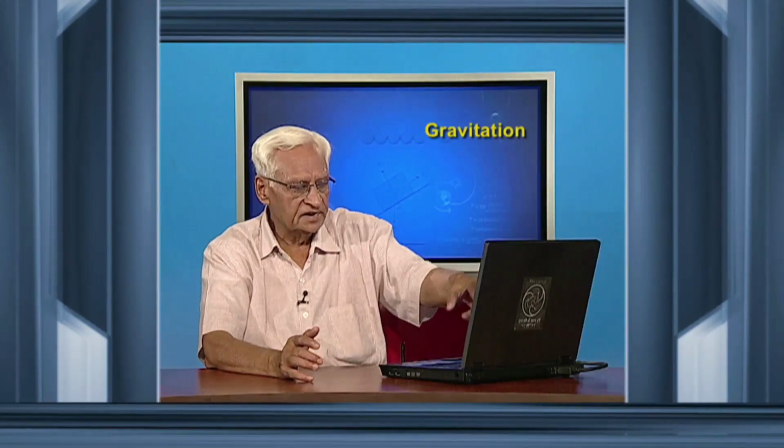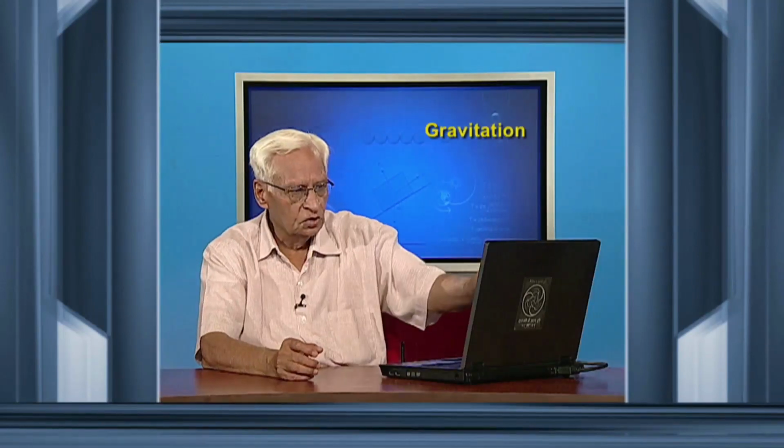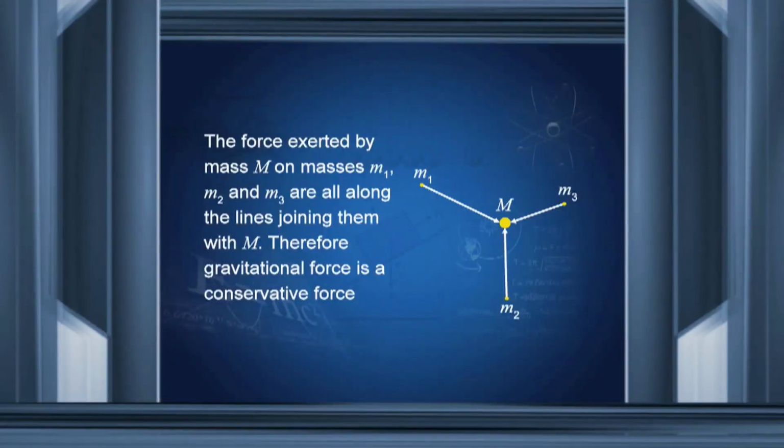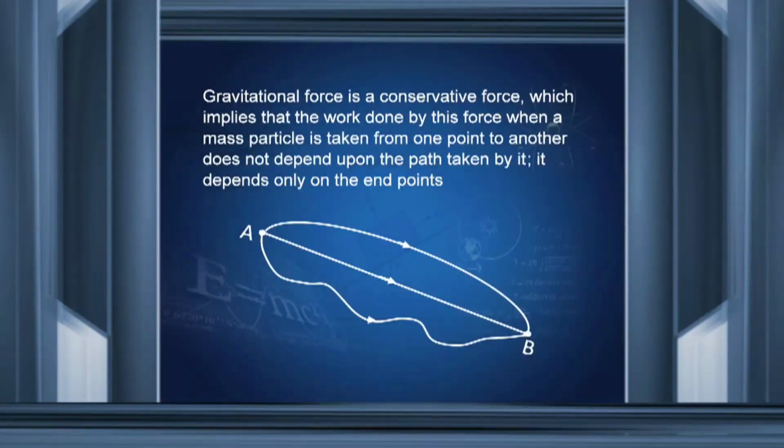And you can see that here this mass m attracts m1, m2, m3, and the forces are along the line joining them, and their magnitude is also dependent only on the distance r. The upshot of this is that gravitational force is a conservative force, which implies that the work done by this force when a mass particle is taken from one point to another does not depend upon the path taken by it.